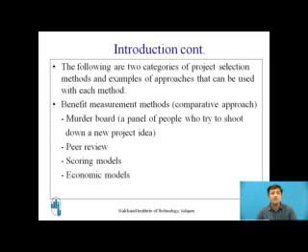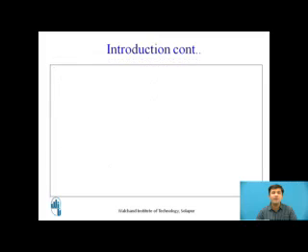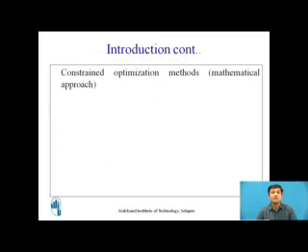Then the next important one is economic models. We will be seeing economic models, which are very important, like net present value and internal rate of return. These are being used. The next type of analysis is done with the help of different software or different models. These are called constraint optimization methods.